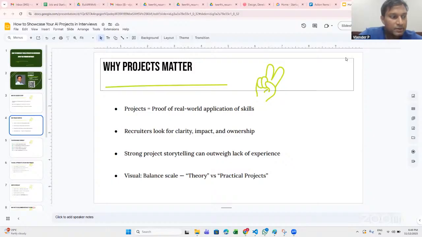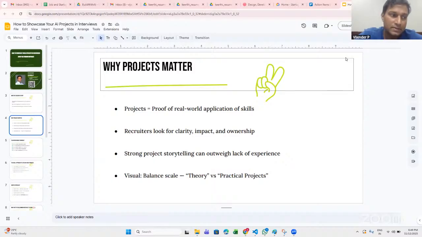You're not able to move forward because there are some bugs, and you are using ChatGPT, Claude, Gemini, everything, but it's not moving forward. Okay. So in such cases, what do you do?